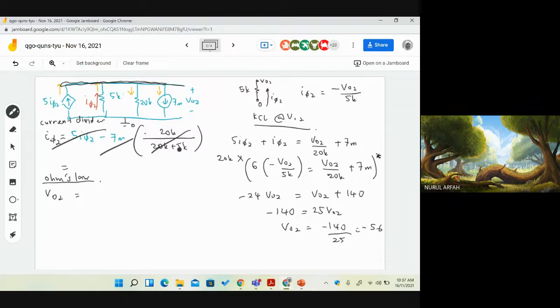Cumanya the current direction lah, kita tak tahu is it going up or going down. The current is 5I52 minus 7 milli into, this is a current, into resistor, right? So resistor is 5k with 20k. So you will get the answer, tapi on this side kita kena, we are not sure is it going up or going down, positive or negative. And then you also need to know what is I52.